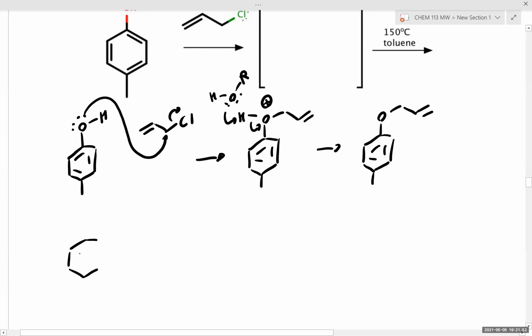And if we heat this allyl ether, as we discussed in chapters on aromatic systems and pericyclic reactions, under thermal conditions, we have the correct arrangement for a 3-3 rearrangement or a Claisen rearrangement.